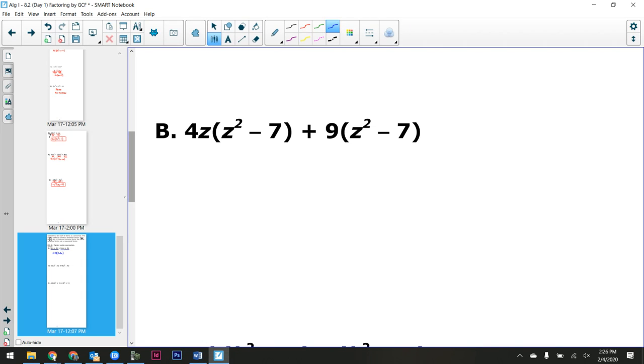What's the GCF of my two big parts here? Z squared minus 7. So that goes on the outside. And then on the inside is what's left over. What is left over here? 4z plus 9.